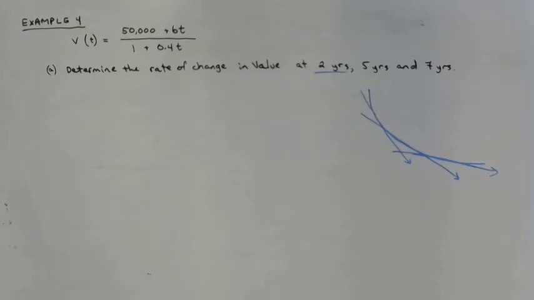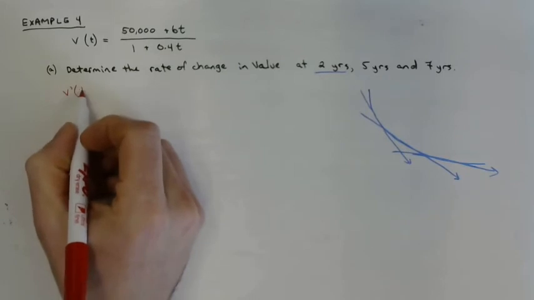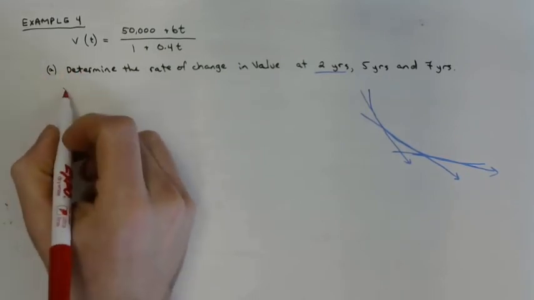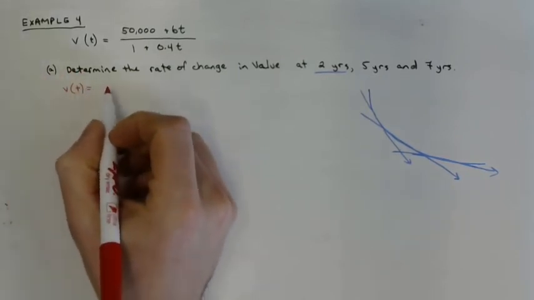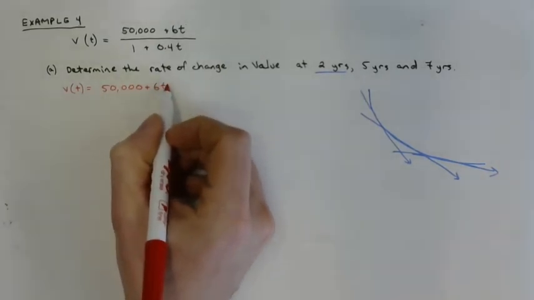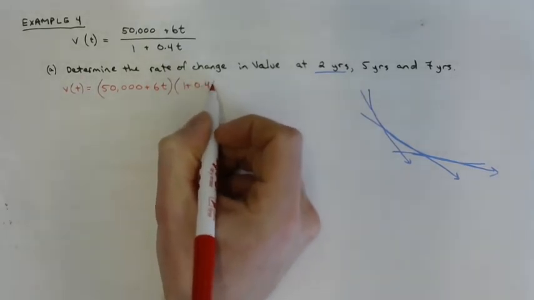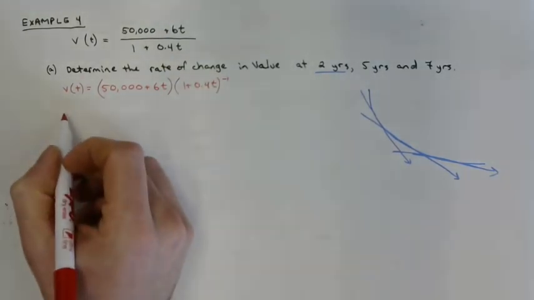Step 1, differentiate. We're going to express this as a product. So this is 50,000 plus 6t times 1 plus 0.4t to the power of negative 1.